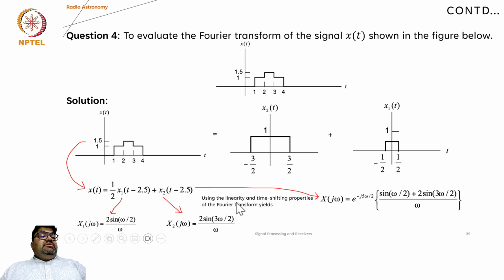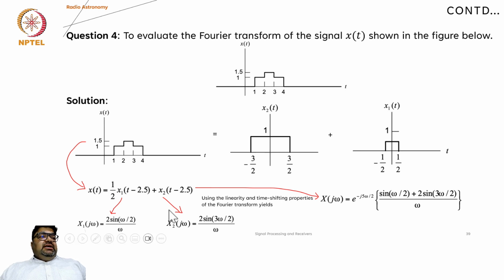So you have to use both properties, the linearity property, that the Fourier transform of a times f(x) plus b times g(x) is equal to a times capital F(omega) plus b times capital G(omega).